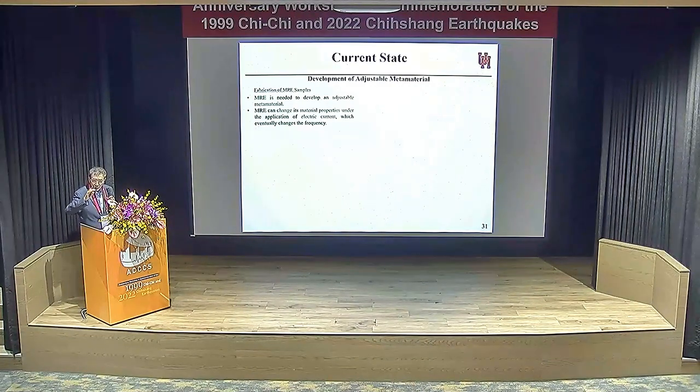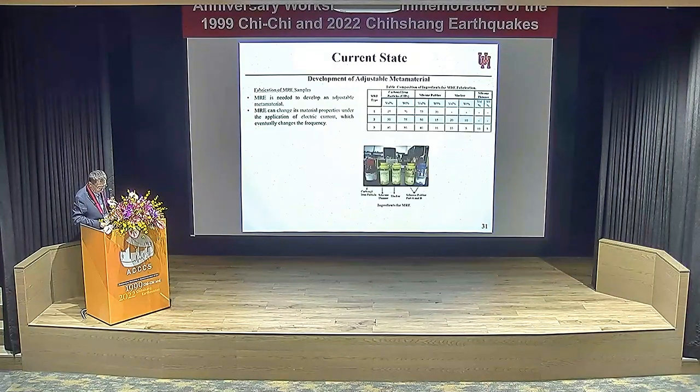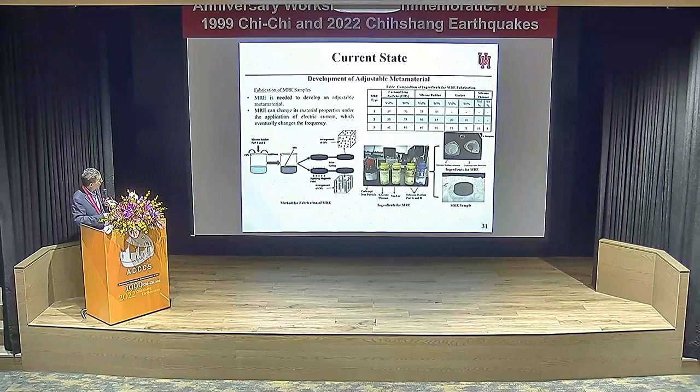So our goal is to develop tunable metamaterial. How? The rubber we want to replace with MRE. When we use MRE to replace rubber, this MRE we can develop by ourselves using all these ingredients.